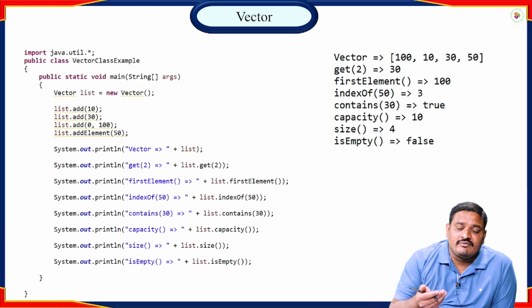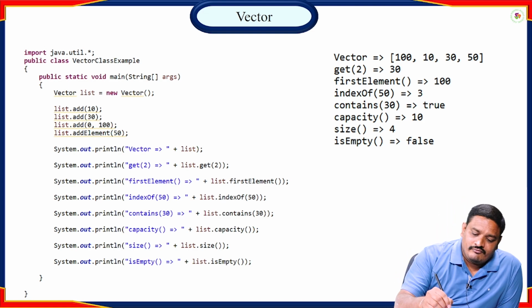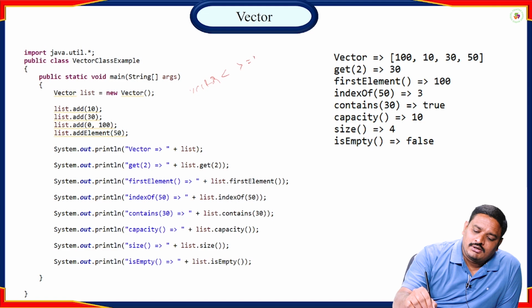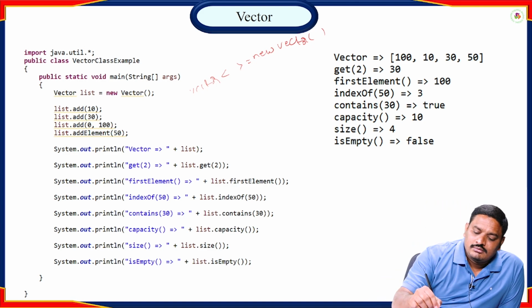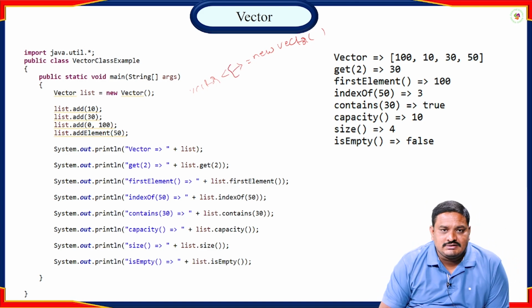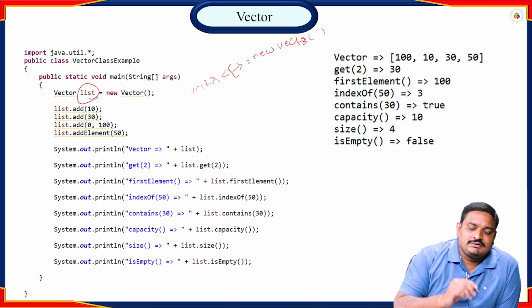Now see this one by one with an example. What is the syntax of the Vector class? How to create the Vector class? Vector equal to new Vector. Here the E is specified with List. I am using the list.